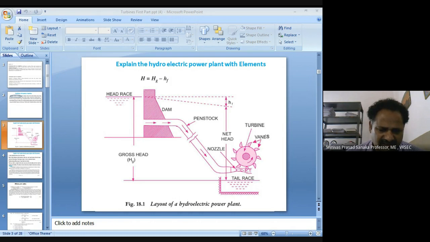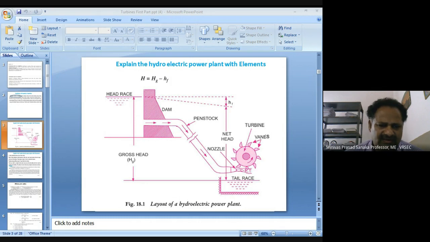So here, from a technical point of view, the level of the water in the reservoir is called the head race. The level of the water in the downstream is called the tail race.